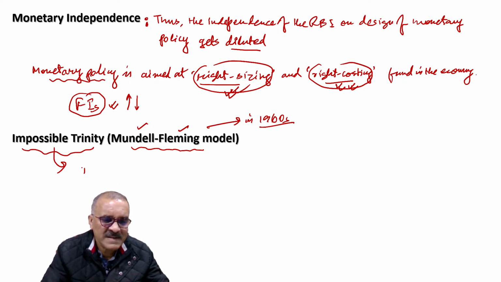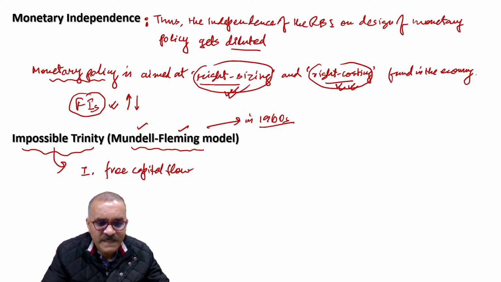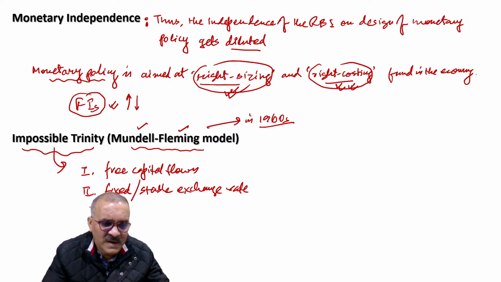The first is that a country wants to have free capital flows. The second challenge is basically fixed. Fixed here means a stable exchange rate. And the third and the last challenge is independent monetary policy. Let me write it here.